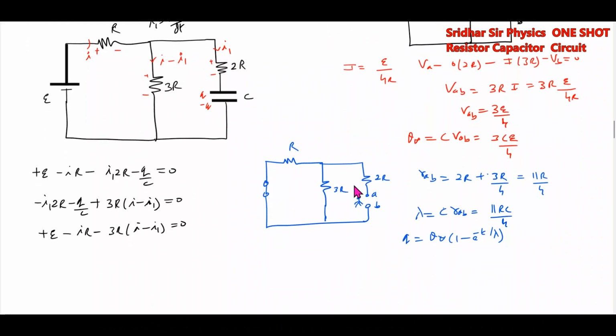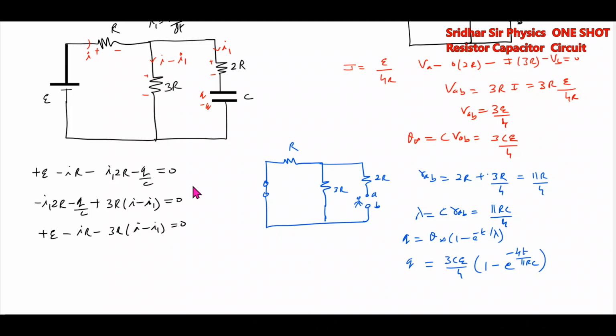After substituting this, I'll get the charge in the capacitor at any time t. This will be 3CE by 4 times 1 minus e to the power of minus 4t by 11RC. This is the expression for charge.